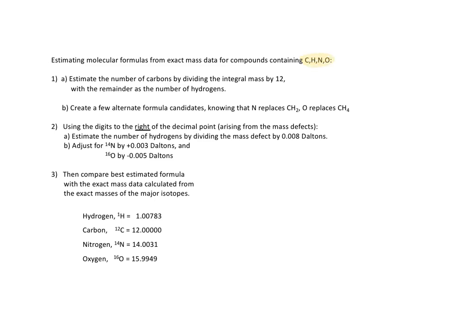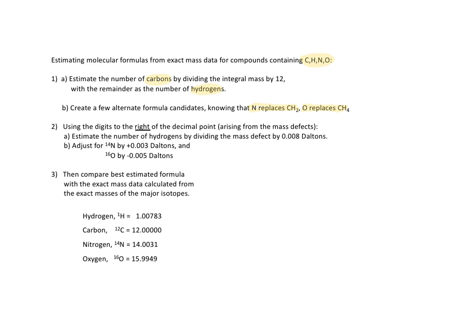First of all, consider that organic compounds are primarily composed of carbon and hydrogen atoms. We can generate a few alternatives, knowing that nitrogen of atomic mass 14 is equivalent to CH2, and that oxygen with atomic mass 16 is an equivalent for CH4.